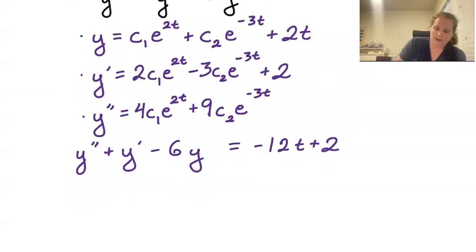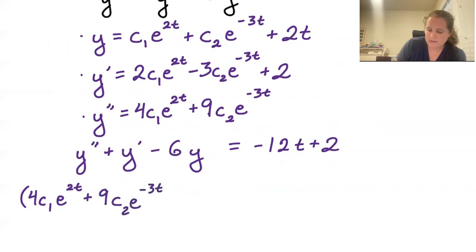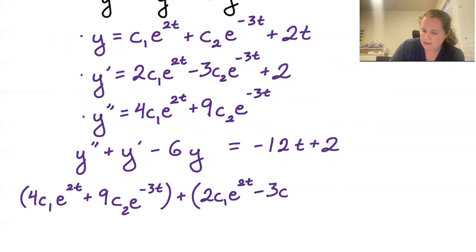So y double prime, we have 4c1 e to the 2t plus 9c2 e to the negative 3t. To that, we are now going to add 2c1 e to the 2t minus 3c2 e to the negative 3t plus 2.